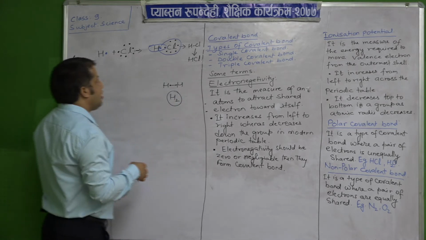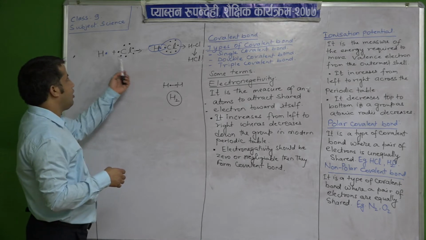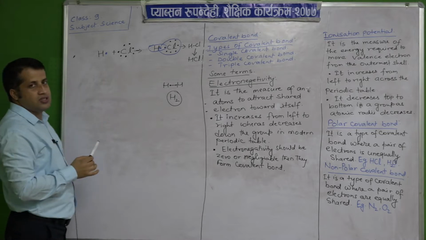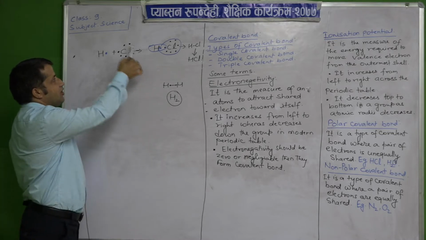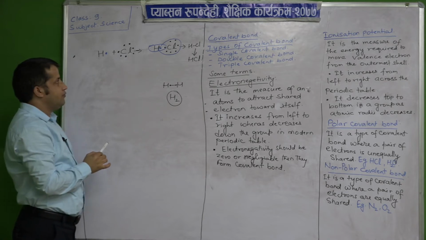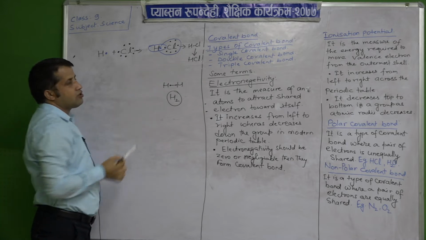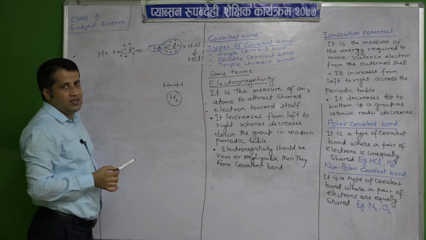Similarly, another example we can look at is hydrogen chloride, HCl. In HCl, hydrogen has one electron in its valence shell, whereas chlorine has 7 electrons in its valence shell. Hydrogen shares its one electron with one electron of the chlorine atom.